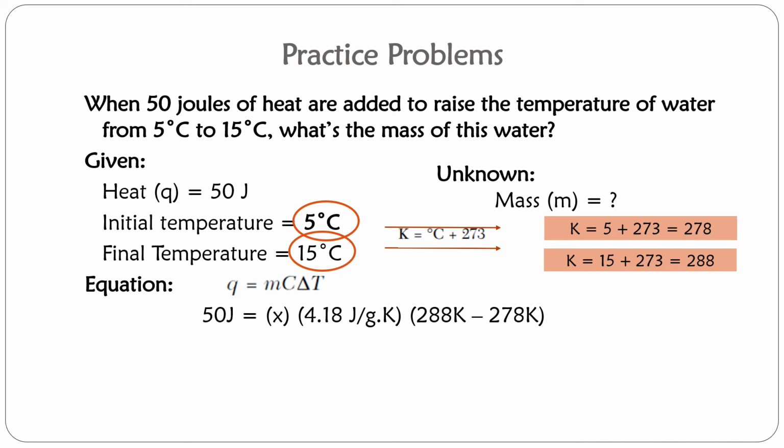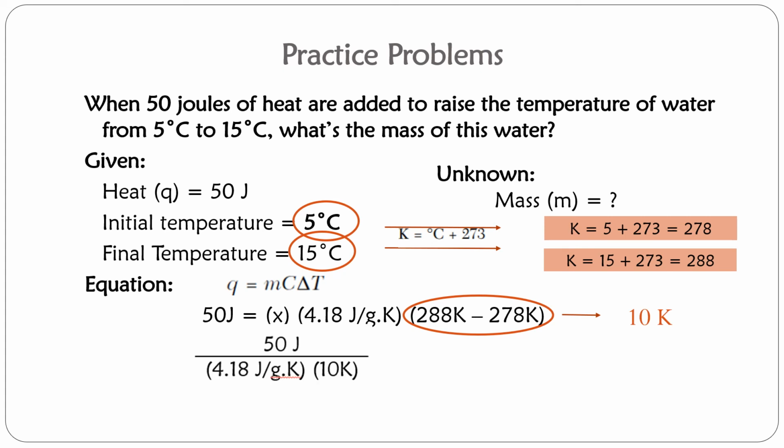The delta T, or change in temperature, will be your final temperature, 288 K, minus the initial temperature, 278 K, which is going to be a difference of 10 K. So now we'll just divide this whole thing on both sides to get 50 joules divided by 4.18 joules per gram Kelvin times 10 K. And when we put that in the calculator, we'll get a mass of 1.196 grams.